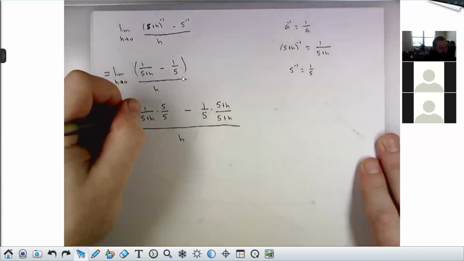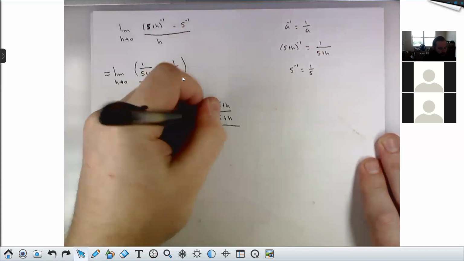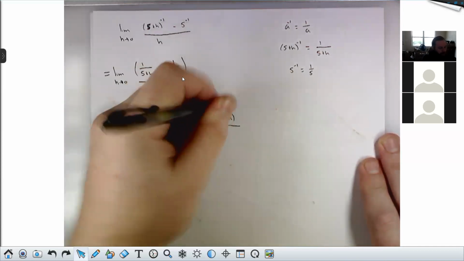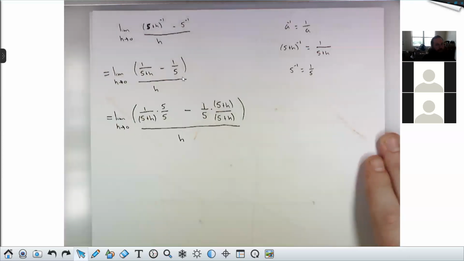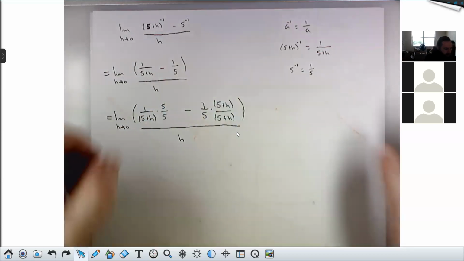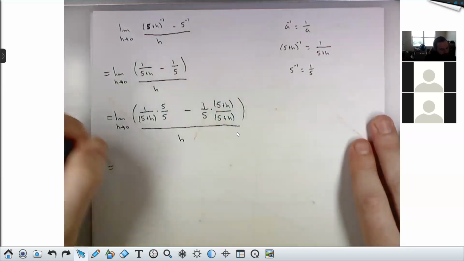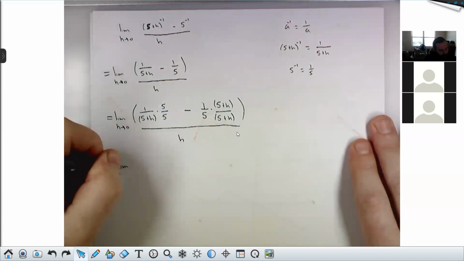And we have to remember that the tops and bottoms of all fractions are always thought of as being in parentheses. So it's really like this. And I would suggest writing it like that. Now what you see is when we multiply these fractions here and here, their denominators will be the same. This is the limit as h goes to 0.